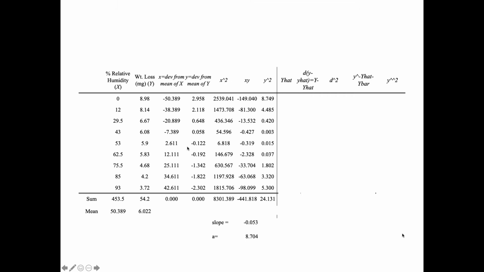So these predicted values are the running average of what you would expect weight loss to be as x changes. But that's what you would expect, but this is what you actually observe over here.